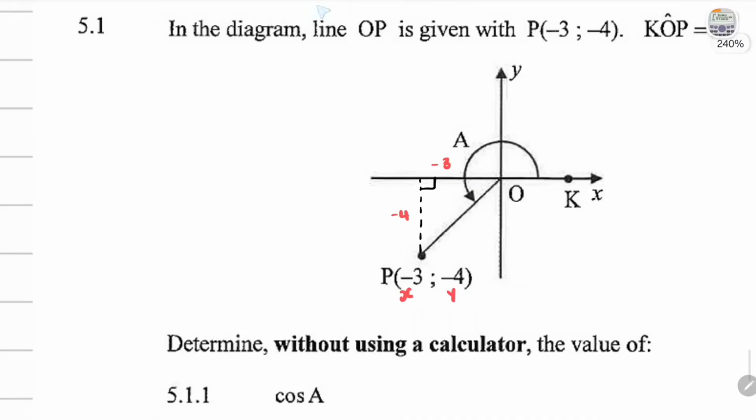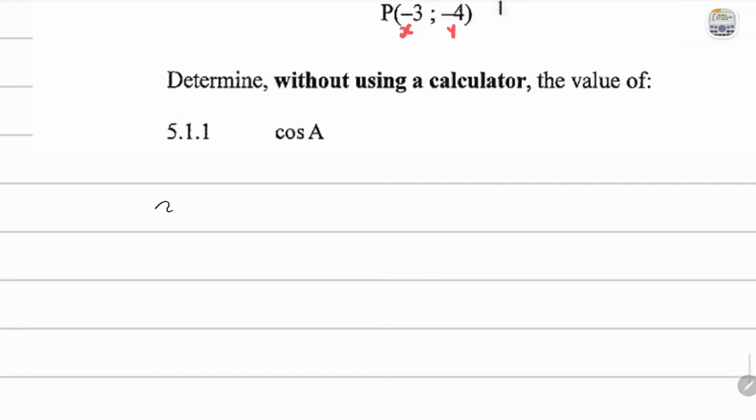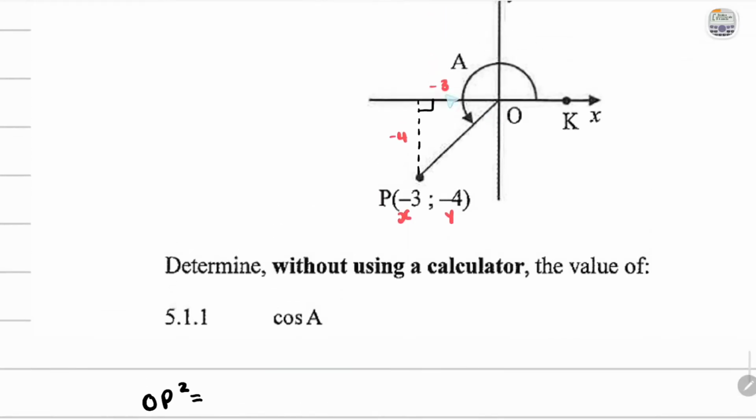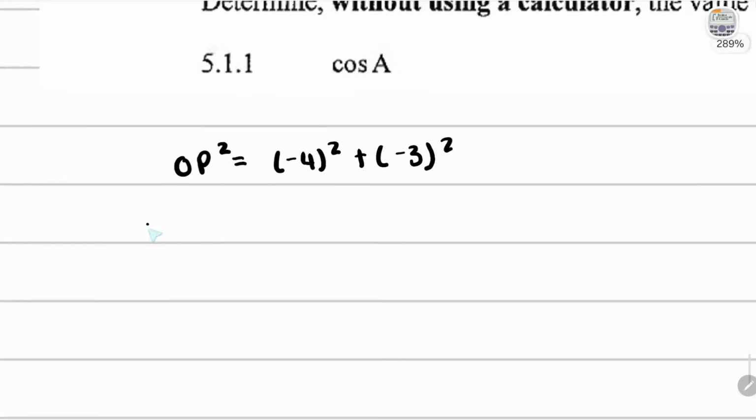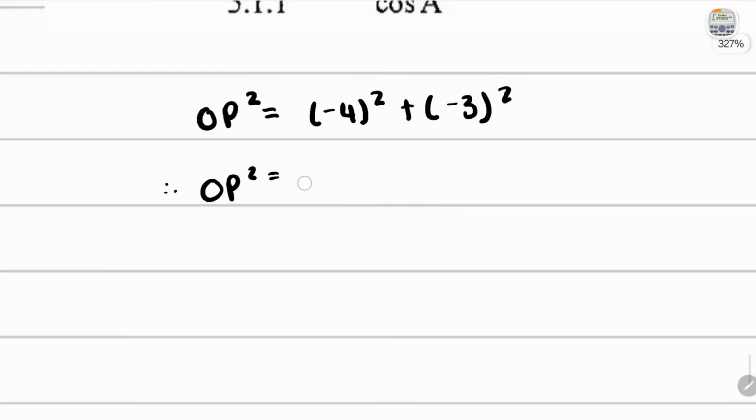We can find that by saying OP squared is equal to, using the theorem of Pythagoras, since it's the longest side, the hypotenuse, (-4) squared plus (-3) squared. Therefore OP squared equals 16 plus 9, which gives you 25, and then we square root both sides.